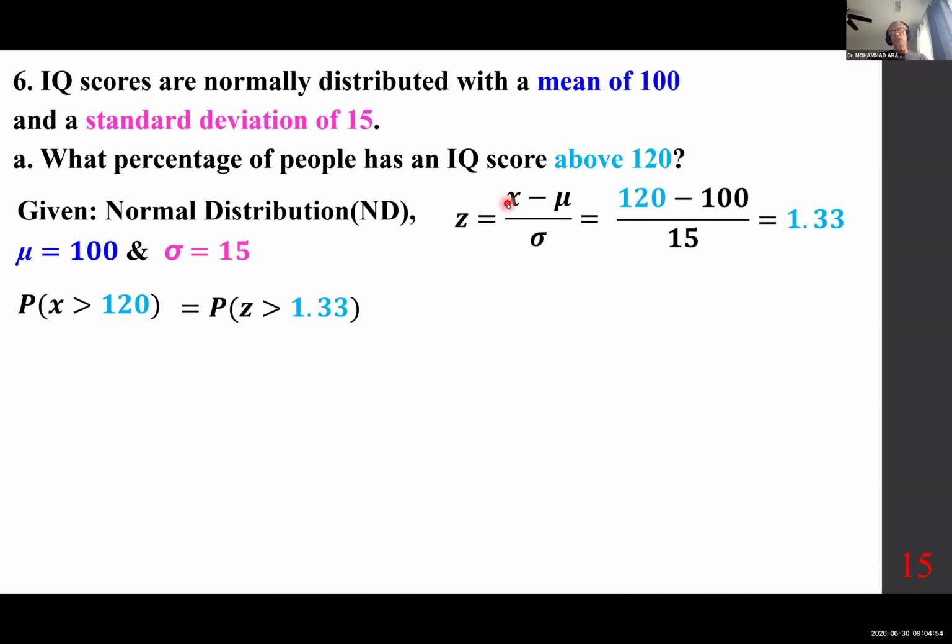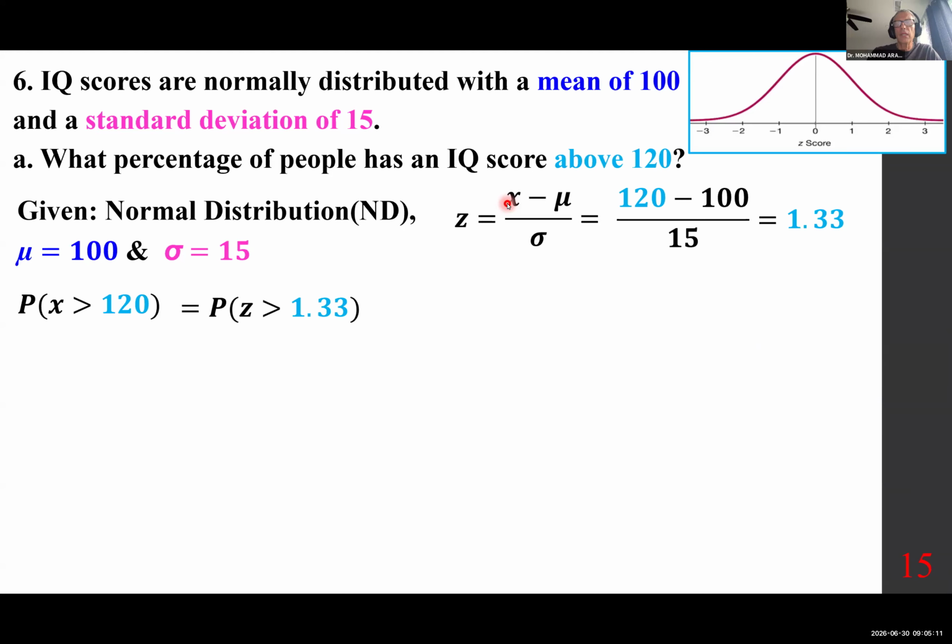At this point, you can use calculators, the Excel file, you name it, anything that you can use, but the z-table will give you the answer by noticing it's 1.33 and beyond that. So definitely less than 0.5, we should mention that. So about 9.18%.